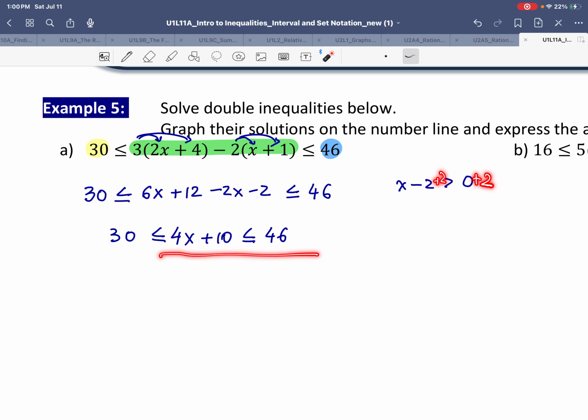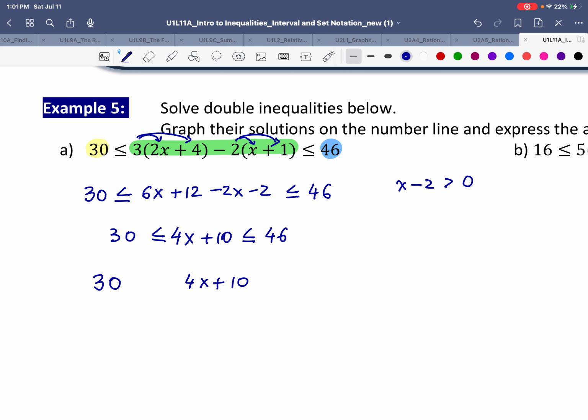So this is how I want you to think about this step in the solution. We are adding or subtracting the undesired number from each part of the inequality. So now our inequality, which is made of 3 parts, will have 10 removed from every single part, because the middle part wants to have just x in it.